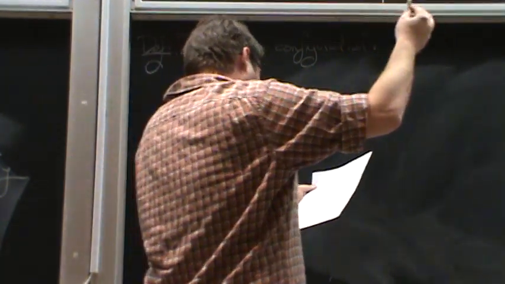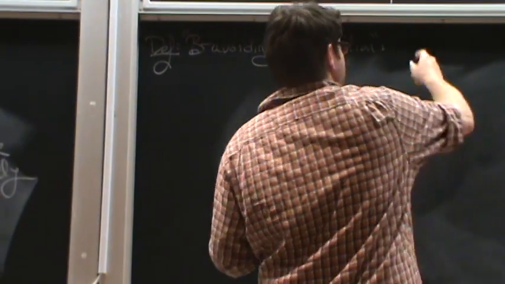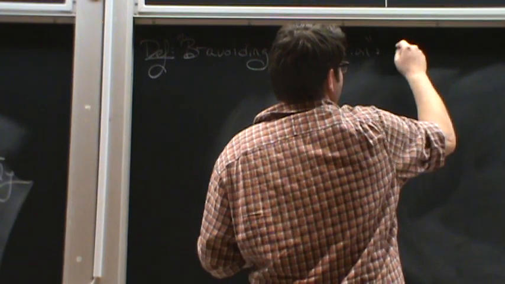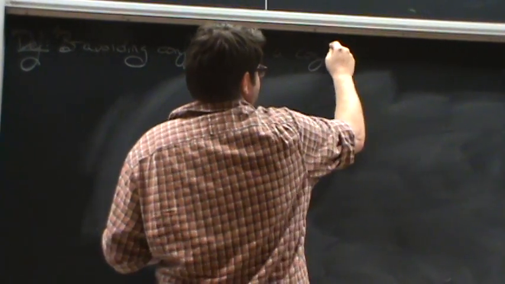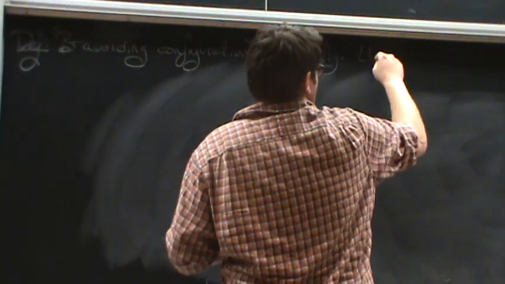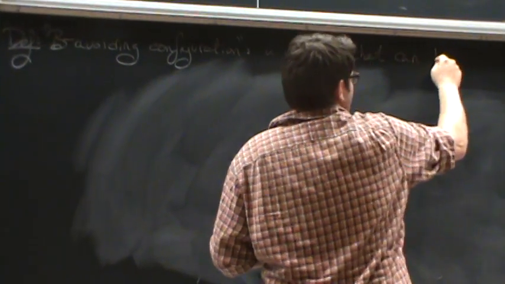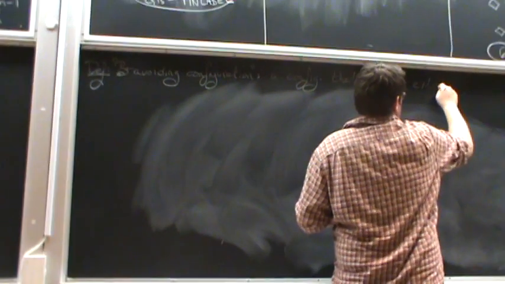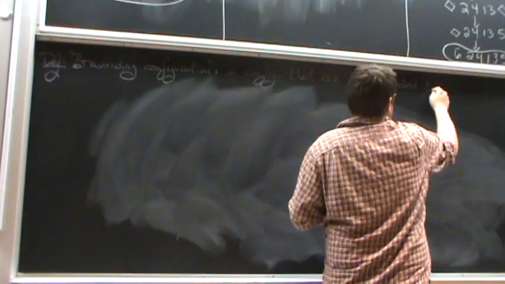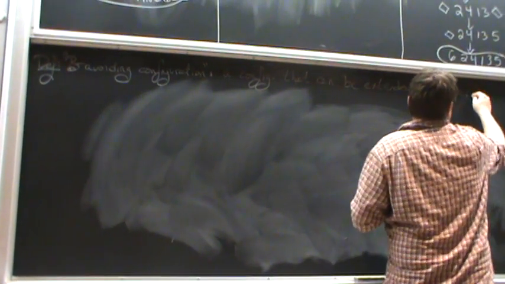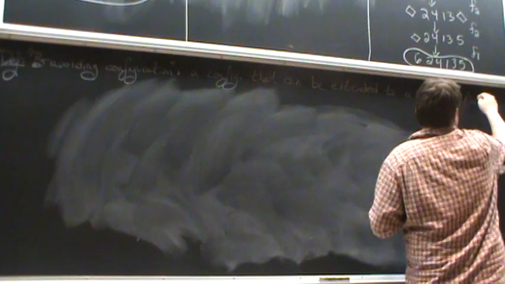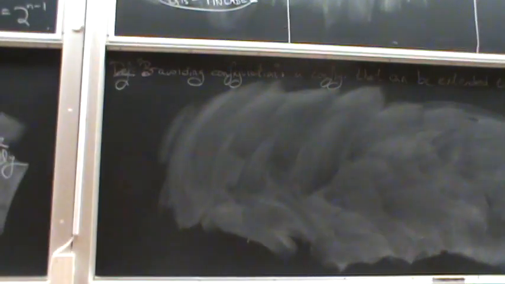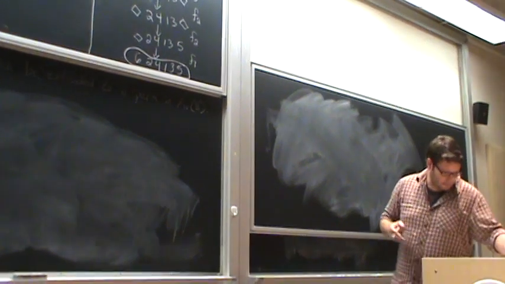That's any configuration that can be extended to a B-avoiding permutation. Obviously if I'm trying to count AVB, I can restrict myself to avoiding configurations, because once I know you're leaving the class, I don't care about it.